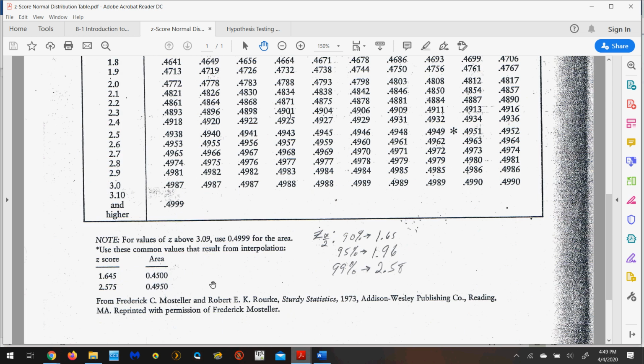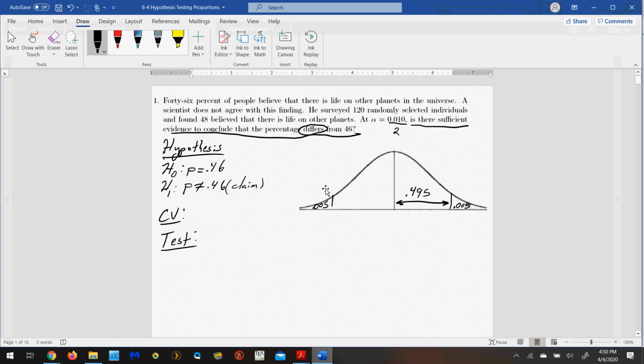So scroll down. 0.495 is 2.575. It's one of those two special z-scores because it's exactly halfway between two values. So I have positive, negative because this is two tail, and it would be 2.575, and I'll put those numbers on my picture.